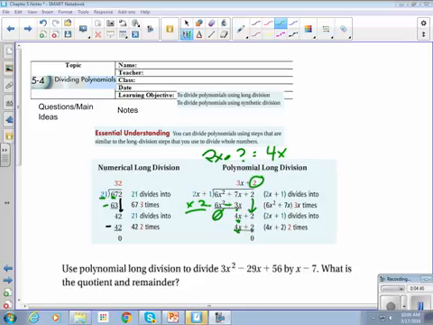Then I'm going to subtract those out. 4x minus 4x is 0, and 2 minus 2 is 0. My remainder being 0. So 6x squared plus 7x plus 2 divided by 2x plus 1 equals 3x plus 2.